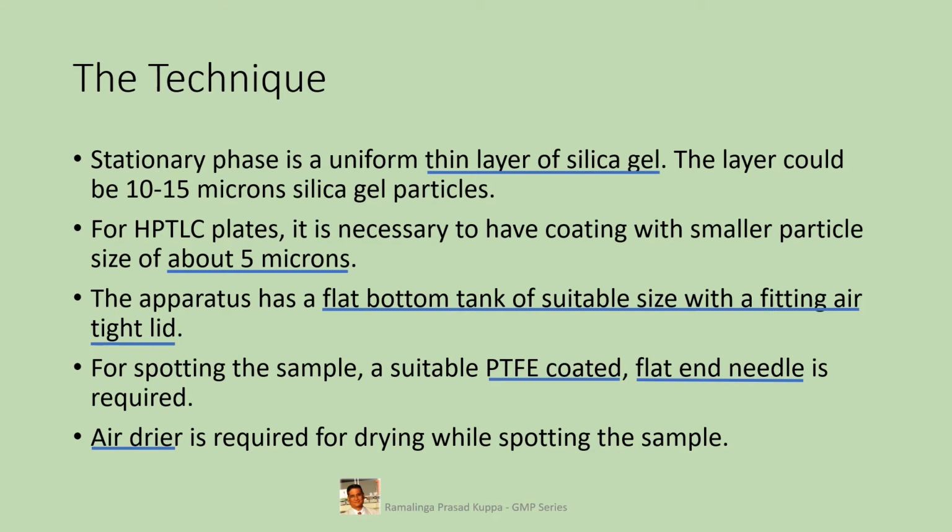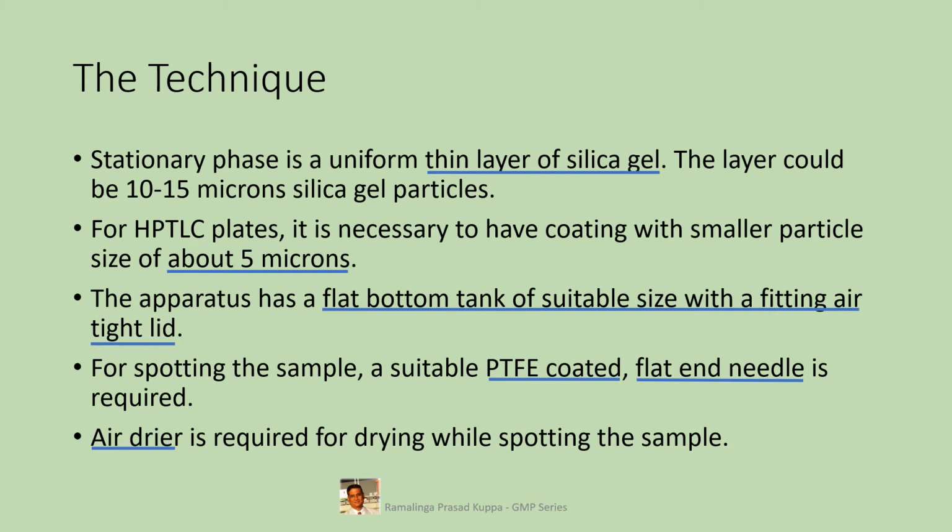An air dryer is required to dry off the solvent from the sample spot while spotting. A normal hair dryer can be a good choice. While spotting, care should be taken not to spread the diameter of the spot to more than 5 millimeters.